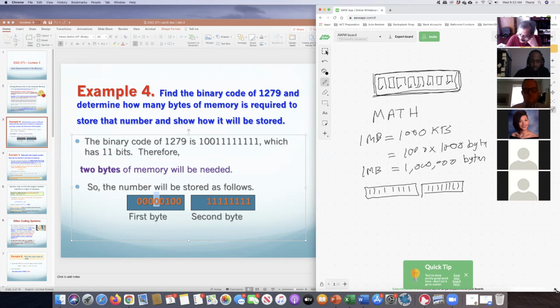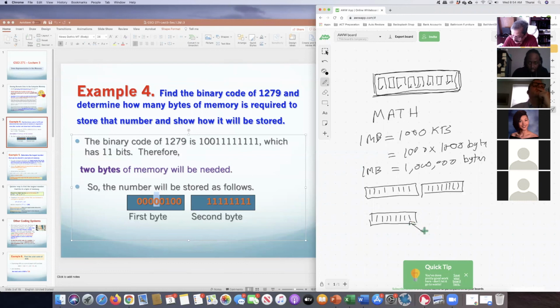Okay, so the largest number that fits in 1 byte of memory is the number that has 8 ones, right? So let's convert this number that fits in 1 byte of memory into a decimal number. We already learned how to do that.